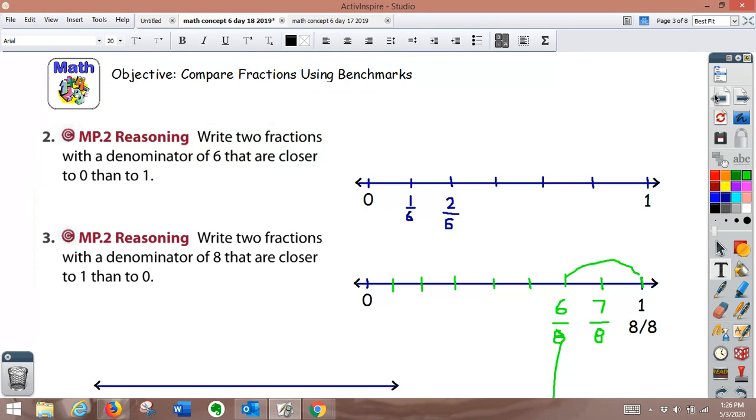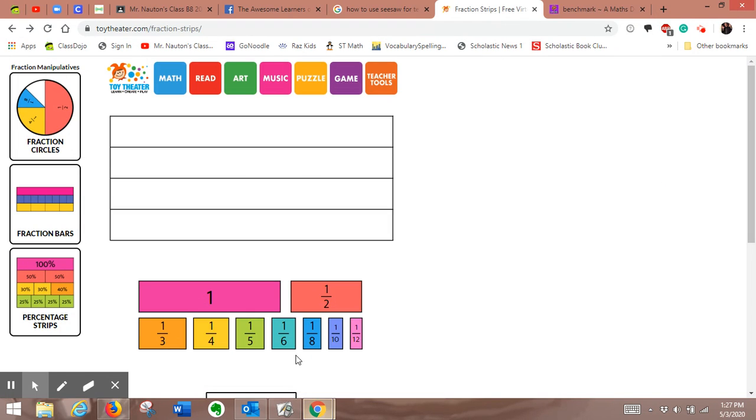Trying to go back to this page here, because remember we just divided this line into 8ths, and we know that 1/8 is going to be way down here. Okay, let's look at our fractions and see if we can play with it here. What did we do? 1/8. Well, there's 1/8. There's my whole. And this over here, this has got to be 0, right? Because that's where we start. So 1/8 is very close to 0. 1/4, that's a small number, very close to 0.